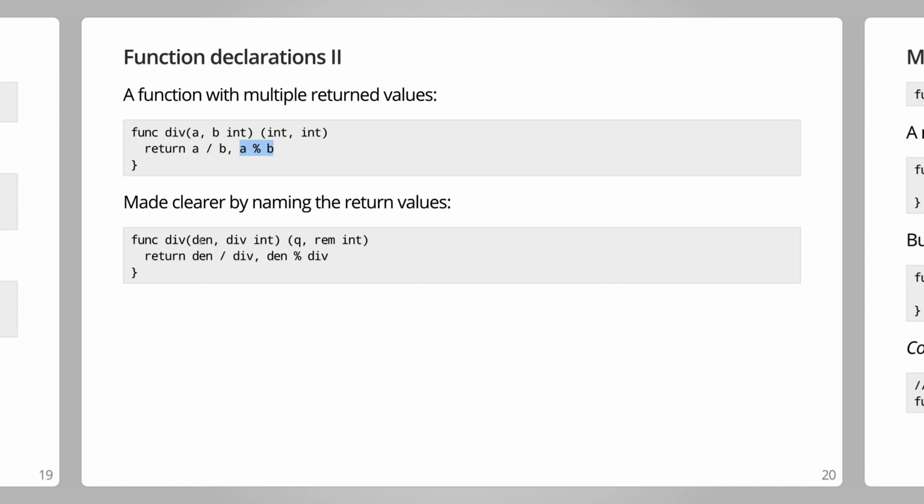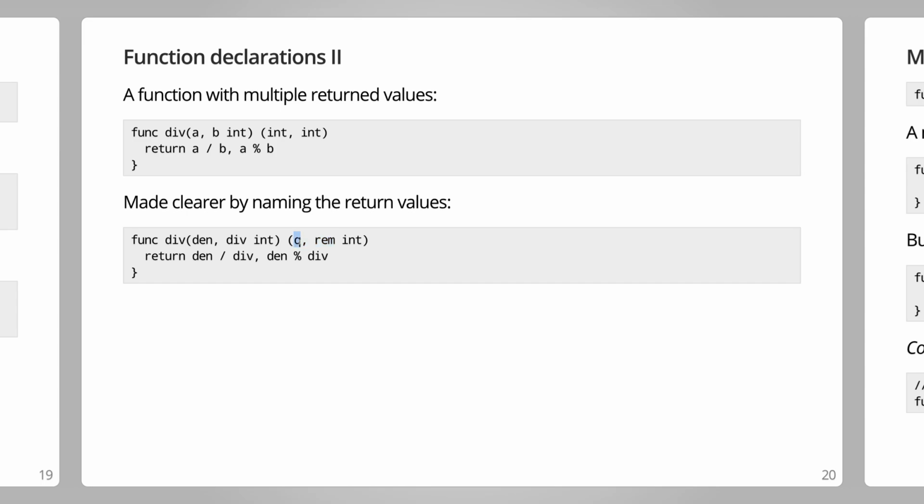And we can obviously give them more intuitive or clear names, the denominator and the dividend here. We're not using these in the function itself, but you can also declare return value names here.